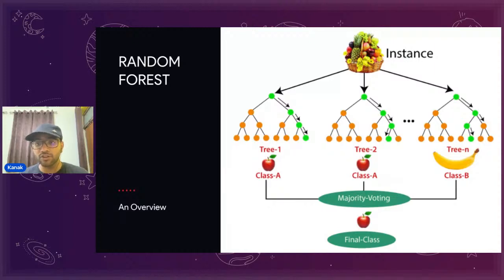Then based on the majority of the results, the random forest classifier predicts the final decision. So two trees predict apple versus one, so it will predict apple. Now let's move back to our code and train our random forest for our task.